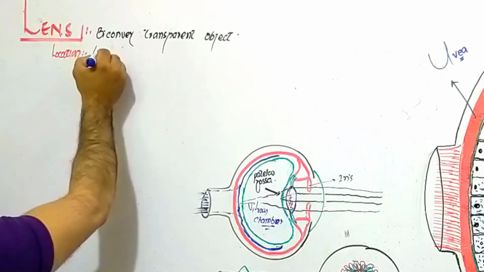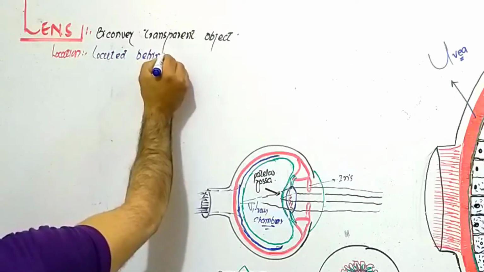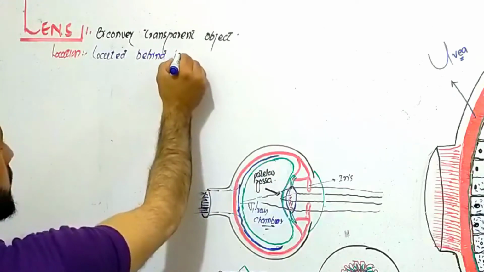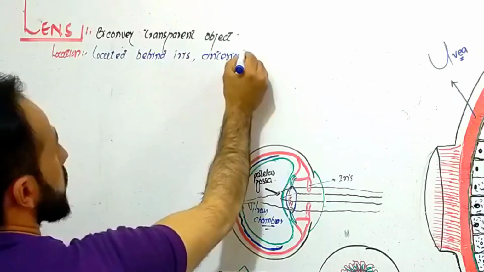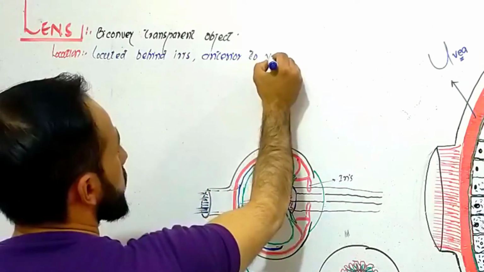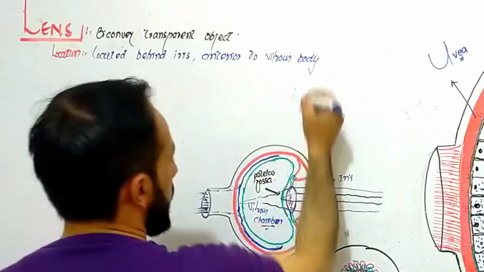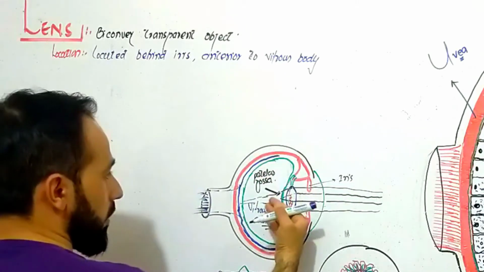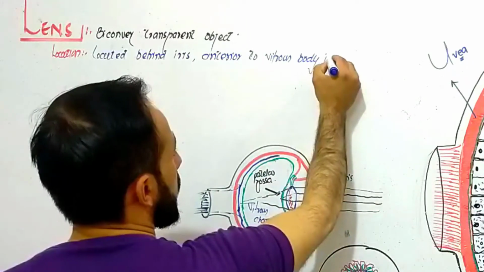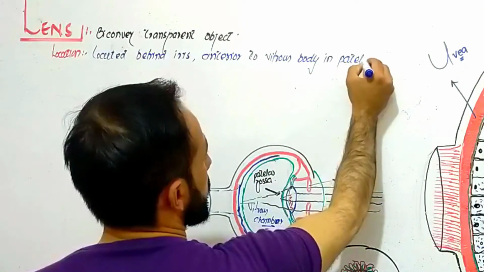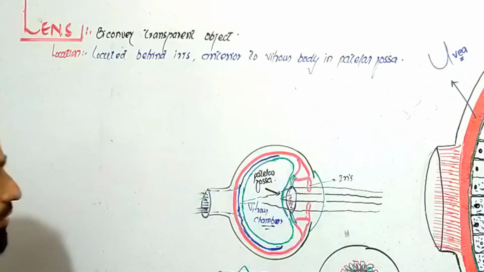The lens is located behind the iris and anterior to the vitreous body, in the saucer-like depression of the vitreous body, which is called the patellar fossa. This is the exact location of your lens.